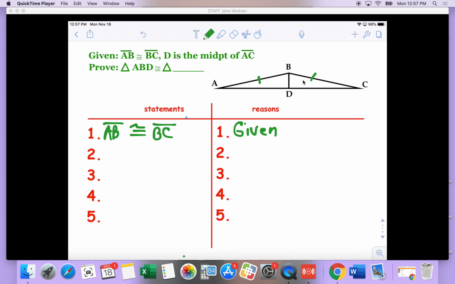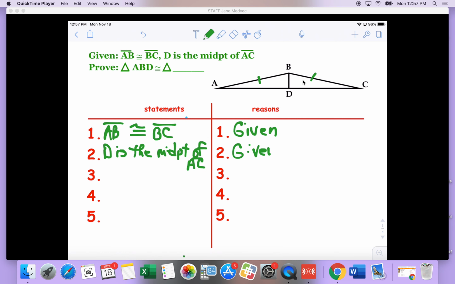All right, the next one. D is the midpoint of line segment AC. That's given.